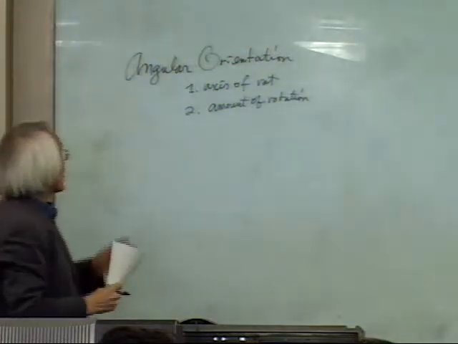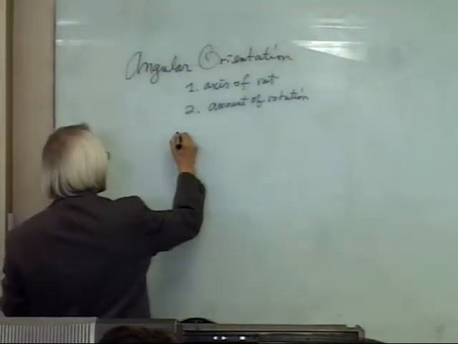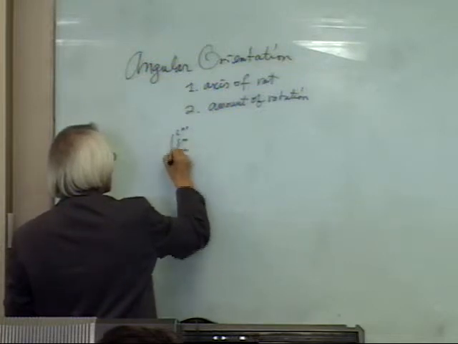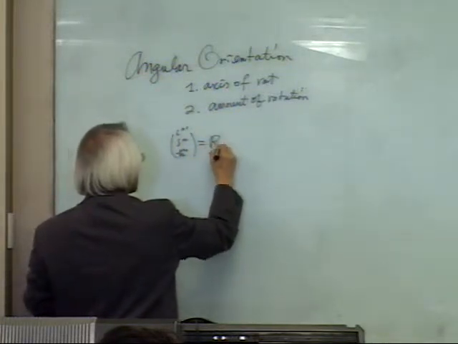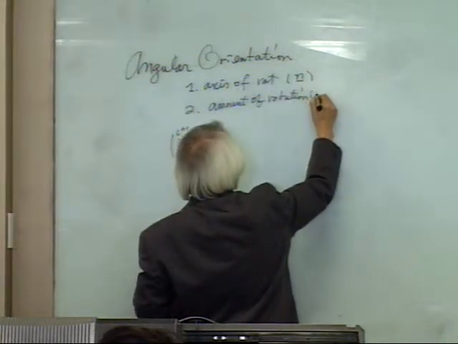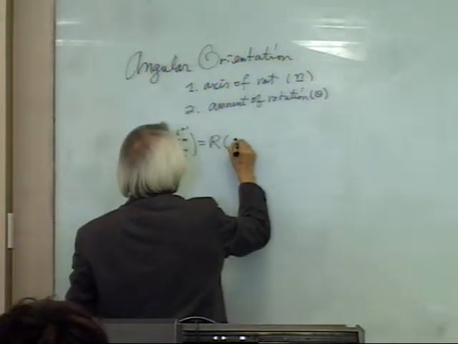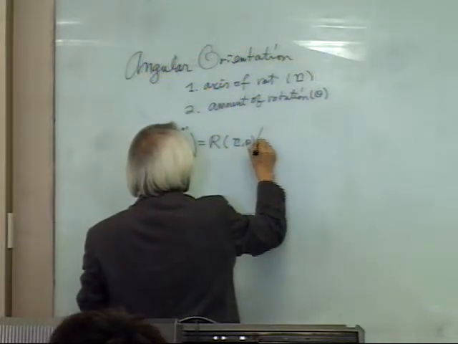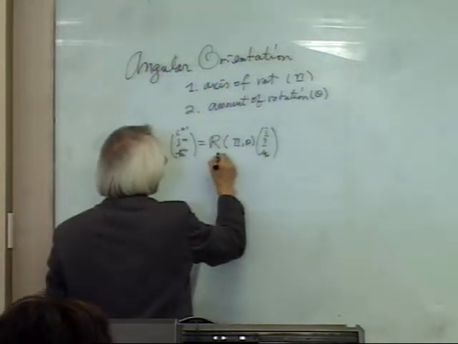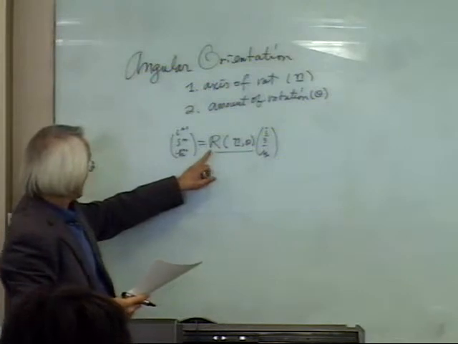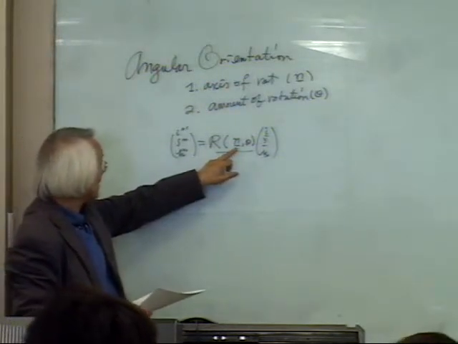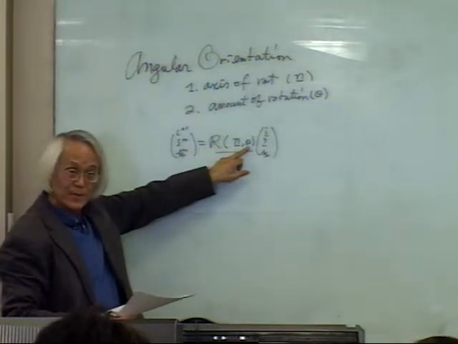So we're going to represent the axis as a vector, which I call n, and the amount I call just theta. We're going to derive this rotational matrix, a 3x3 matrix, using only the axis of rotation and the amount of rotation. Okay?